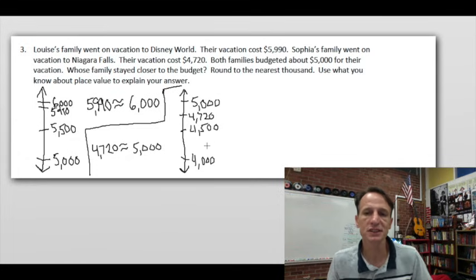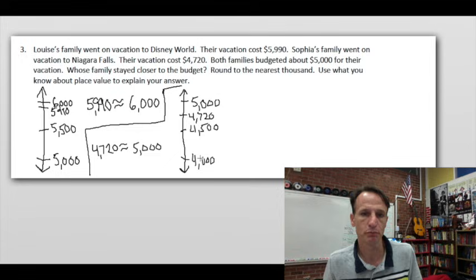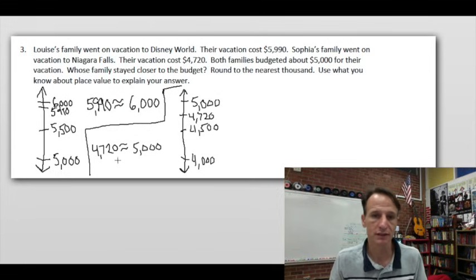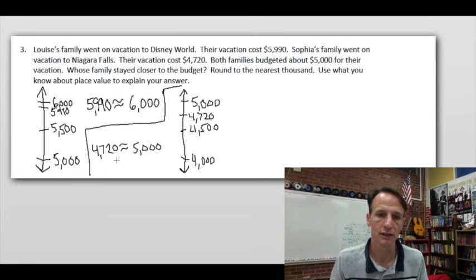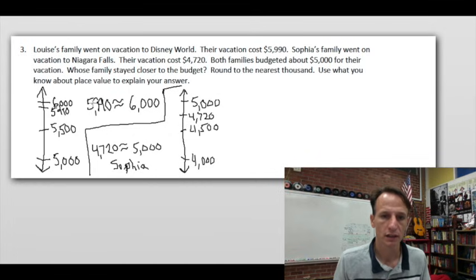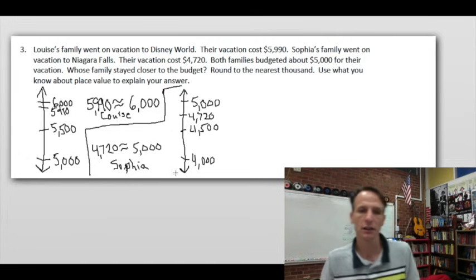So who stayed closer to budget? Well, the budget was 5,000, and it's quite easy to see, and I'll label it. This is Sophia and her clan, and then we have Louise and her kin.